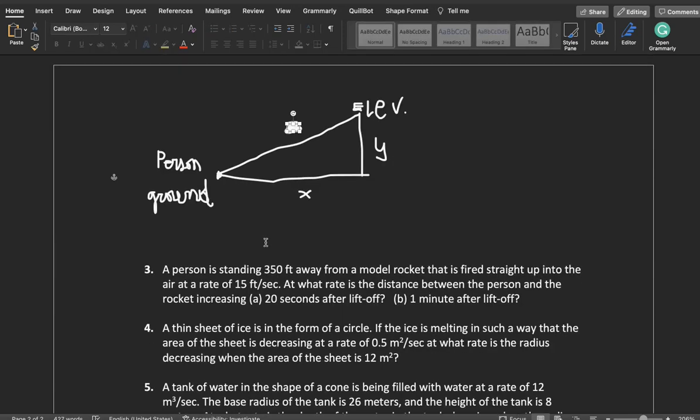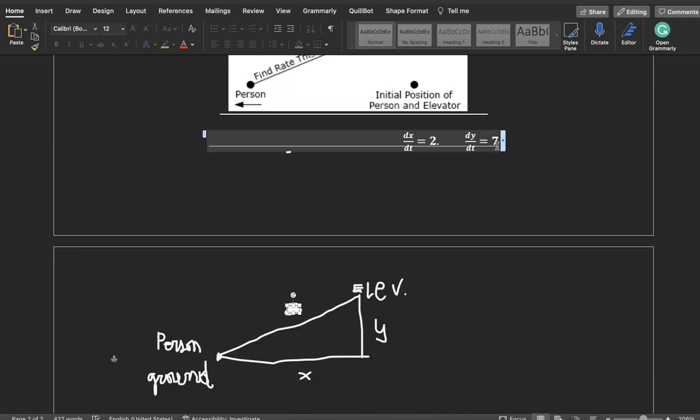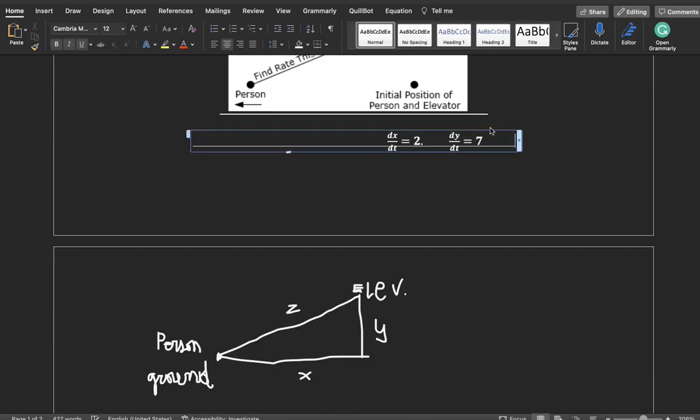So they're basically asking us, what is dz over dt when t is equal to 15 seconds. That's what they're asking us.